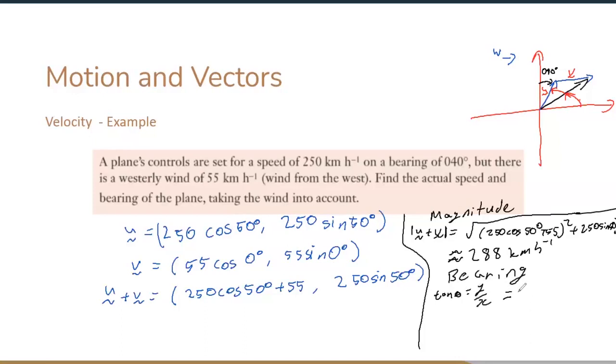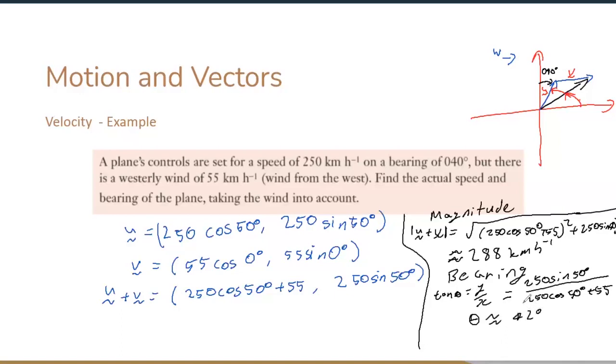And so we take our y and our x components, so this becomes 250 sine 50 degrees all over 250 cos 50 plus 55. Lot of 5s in there. And if we rearrange this and solve all of this and put this into a calculator, we should get approximately theta is equal to 42 degrees.